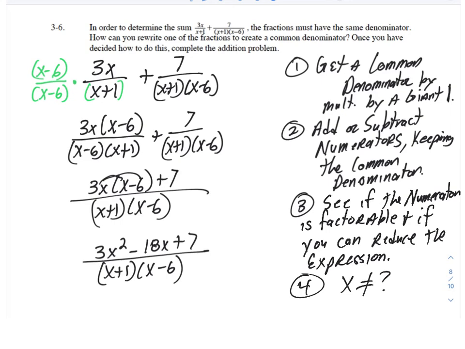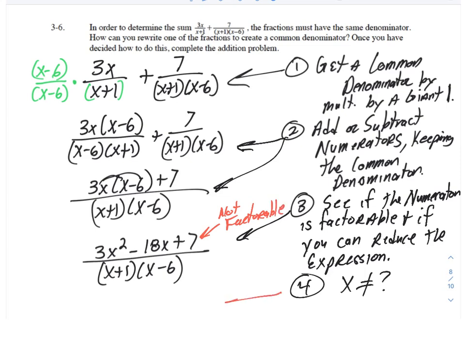So here was step 1. Here was step 2. Step 3, this numerator, it's not factorable.